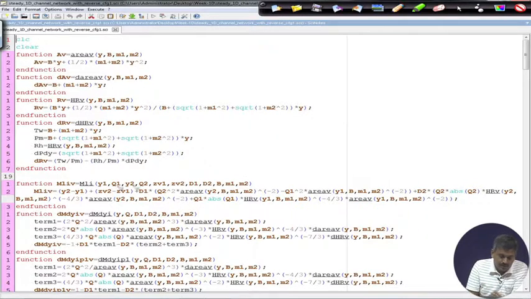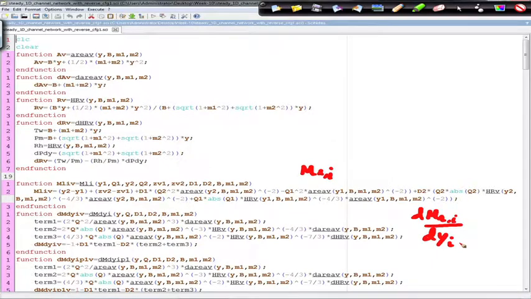So, this is hydraulic radius, this is dr by dy again. Now, this one is ml I, this is d ml I divided by dy I or dy li.